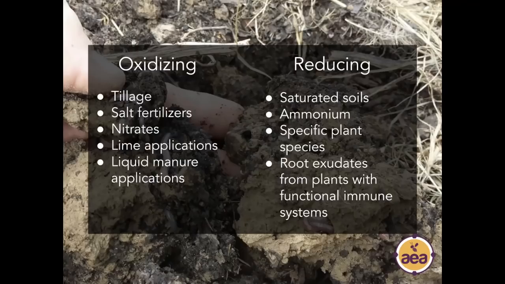This is fairly common for dairy manure and livestock manure that is fed salt. It's fairly common to have high sodium and chloride concentrations, and this is exacerbated and compounded in a liquid manure pit because of oftentimes other chemicals, particularly in a dairy environment, cleaning agents and so forth from the milk house and the parlor being piped into the manure pit as well. So liquid manure and some other sources of dry manure can also have a very strong oxidizing effect.